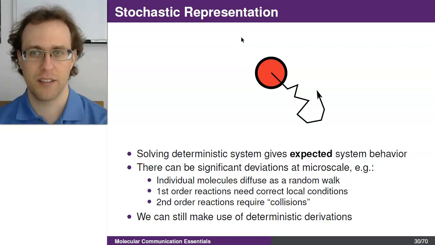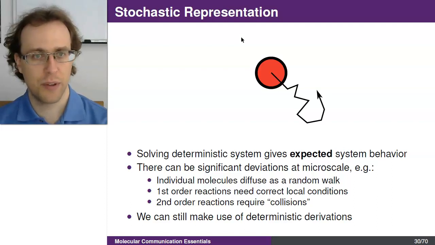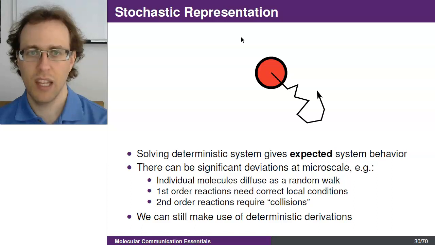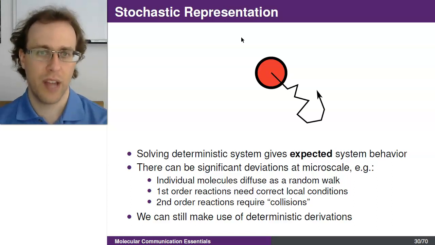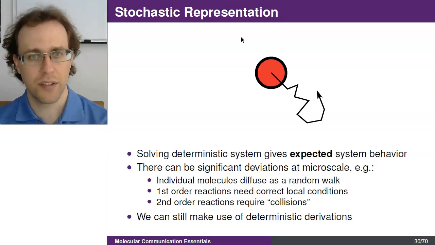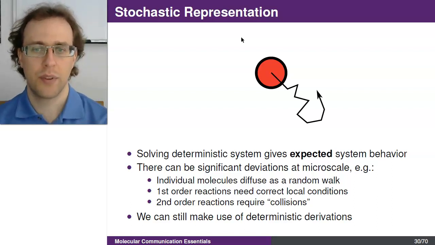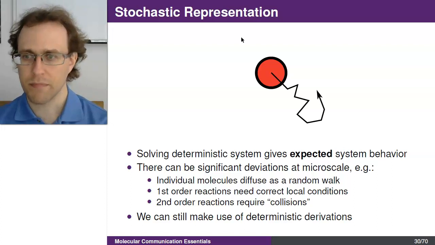So a receptor has to bind with a molecule at the right angle and with the right energy and with the right speed in order for the second order reaction to actually occur. So all of these dynamics have an inherent uncertainty associated with them, even though we can describe them at a sufficiently large scale with a deterministic approach.